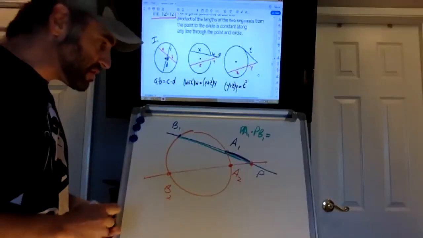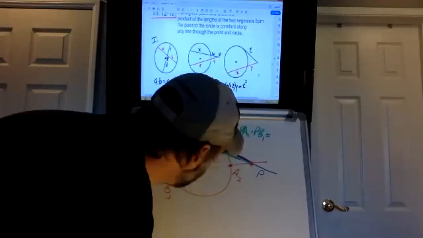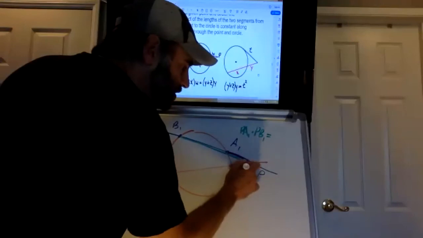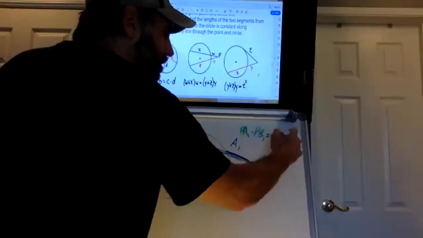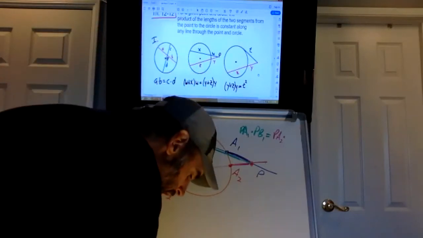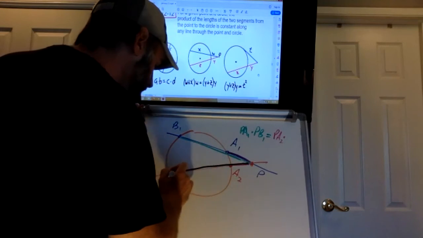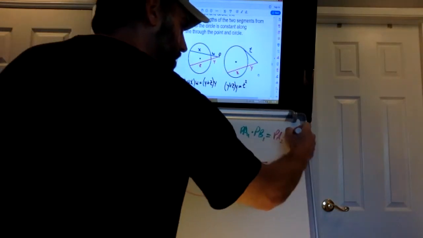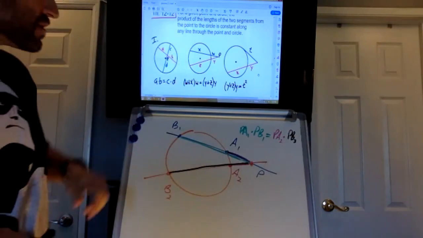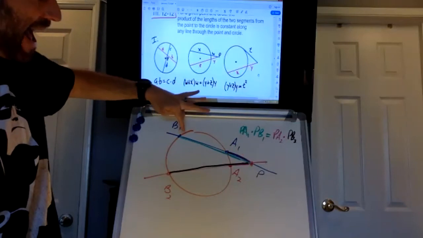Well, what does that mean that they're constant? Well, that means that if I go, let's go the same for a different line, PA2 in pink has to multiply to, along that same line, P all the way to B2. P to B2. Okay, that has to be constant. So from that point to the circle 2 ways along the same line has to be constant.